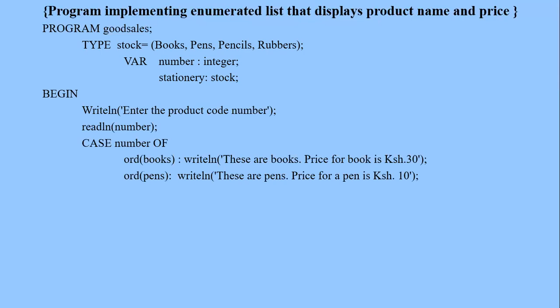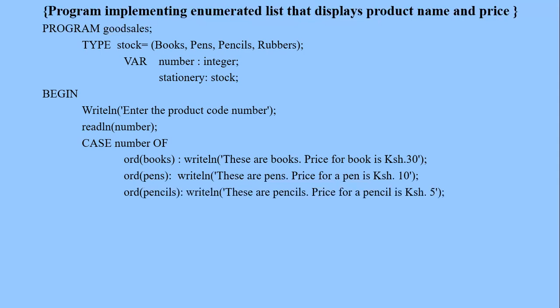However, if the value entered is the same as the possession, or the value returned by the function for pens, then display the message, these are pens. Price for a pen is Kenya shillings 10.